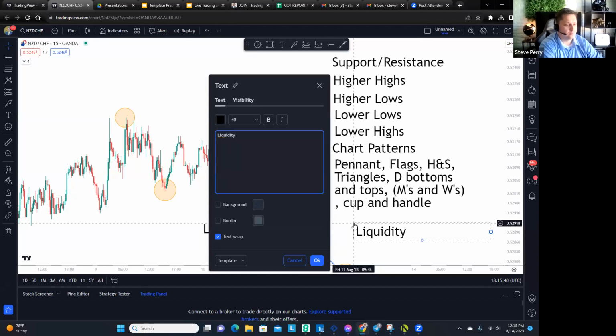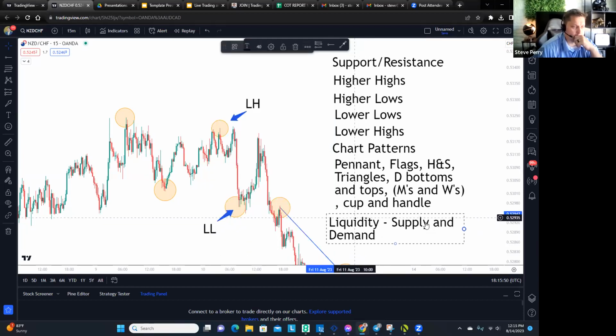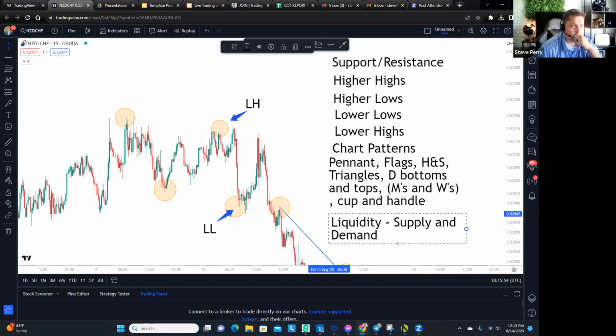Liquidity, or supply and demand, right? Yeah, so those right there.